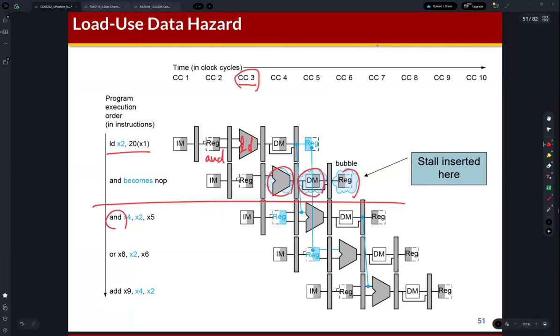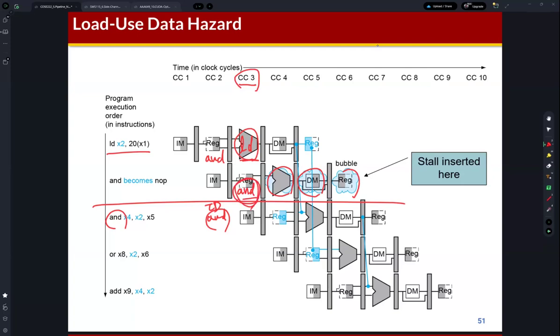When the load is in the EX stage, the end is in the ID stage.